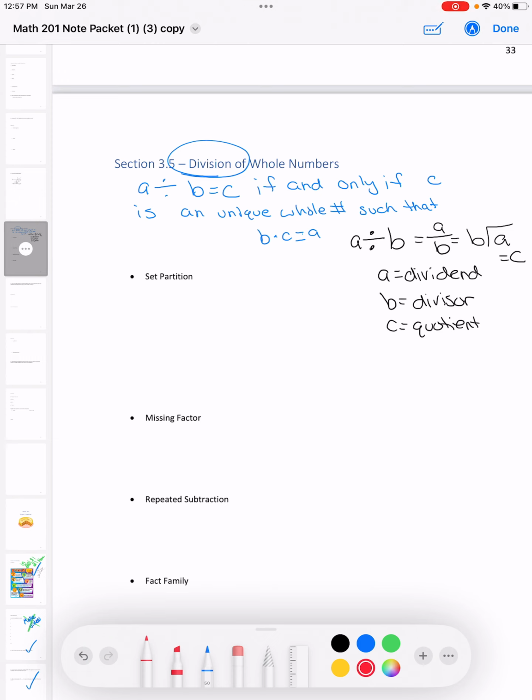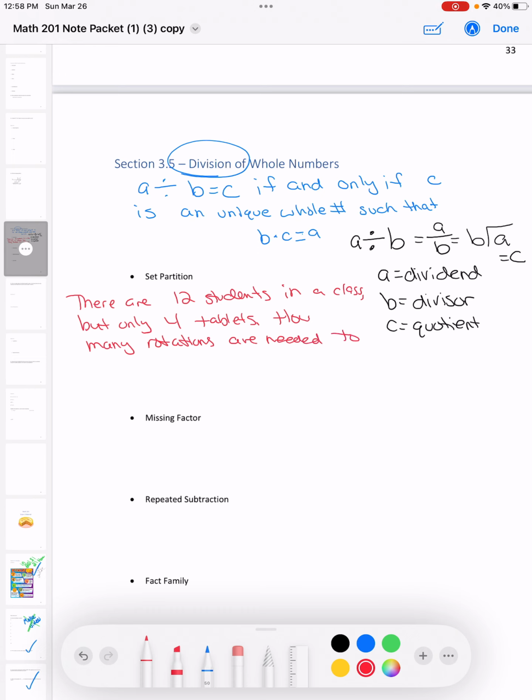So for this one, let's say there are 12 students in a class, but only 4 computers or tablets. We'll say tablets nowadays. How many rotations will we need for all the students to have access to a tablet? And we'll just put to share the tablets.